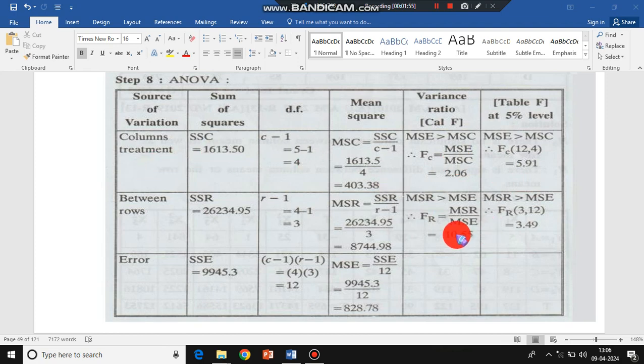But here the calculated value of row wise is 10.55, whereas the table value for row wise is 3.49. So this value is greater than this value, so we have to reject the null hypothesis for row wise.